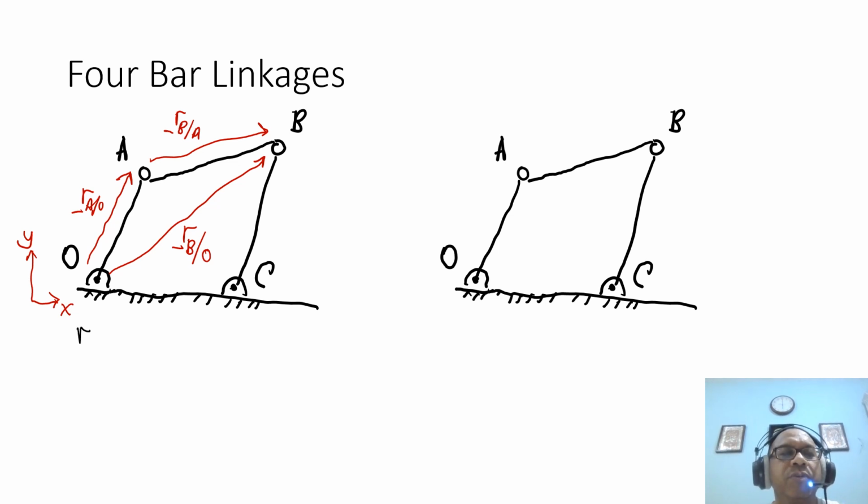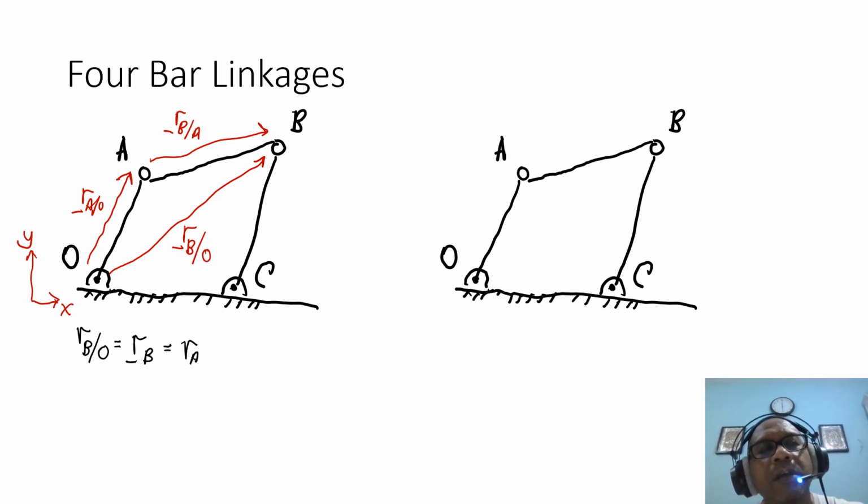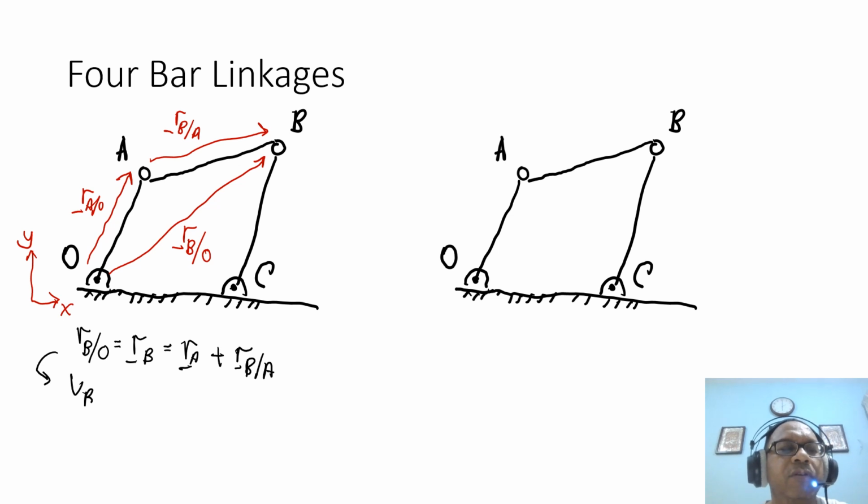We would write down position vector B relative to O. Because O is not moving, we can write it as an absolute vector: position vector B equals position vector A relative to O, and O is not moving again, so I can remove O, plus position vector B relative to A. From there, we can get the velocity equation: VB equals VA plus VB relative to A. There's a procedure to it, but I'll just simplify it.